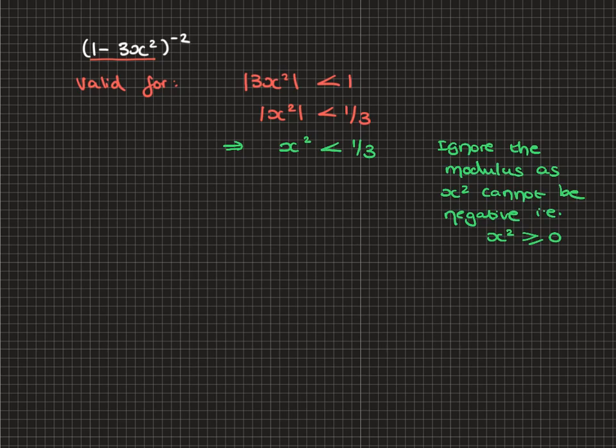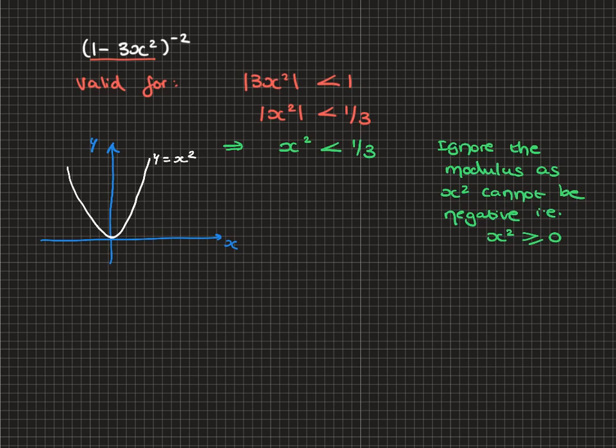Now, this is a quadratic inequality. So when we're solving quadratic inequalities, if you recall, we need to be very careful and we need to sketch a graph. So here's my set of axes. And here is my sketch of y equals x squared. Now, where does y equal x squared equal 1/3?